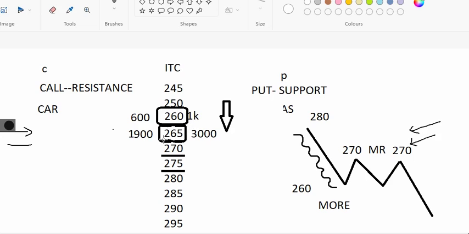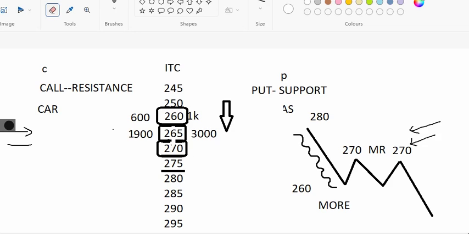Now let's say the price is coming up, and it is 1900 on the resistance side, and support at 265 has 3000 put writers, against call writers at 1900 only. So who will win? Of course, the put writers will win. And now the price will break this door and shift to the next chamber of 265 to 270. So this door is open right now from 265 to 270.